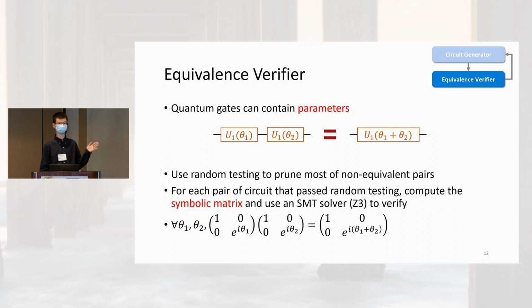For example, for the circuit above, the corresponding matrix representation is this. For all parameters θ1 and θ2, we want to verify that the product of these two matrices is equal to the matrix on the right.